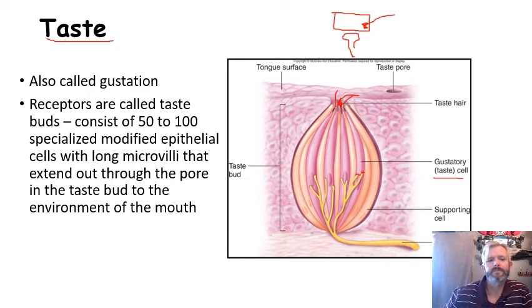Okay. These taste buds, this onion, is going to have 50 to 100 of these specialized epithelial cells with these little taste hairs out here in which the receptors are going to reside.